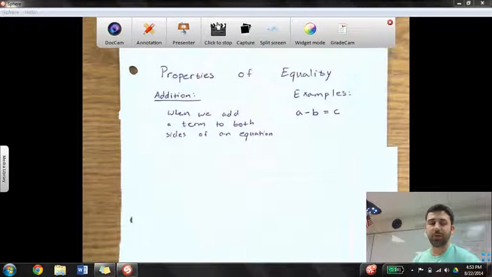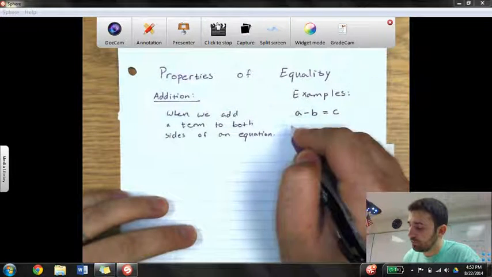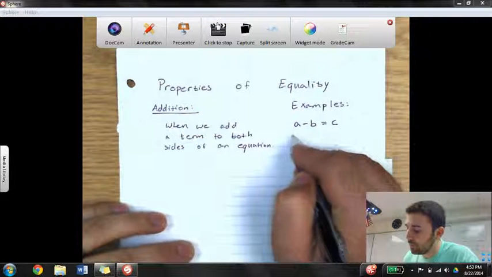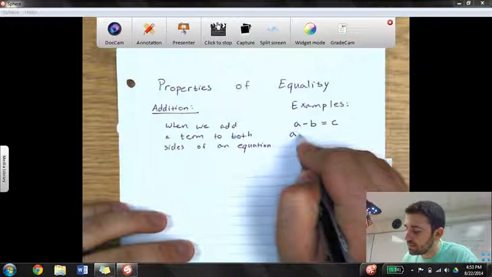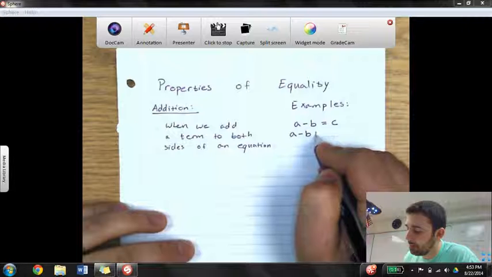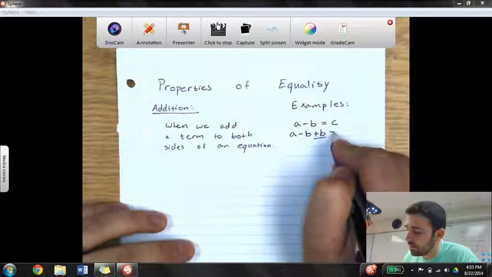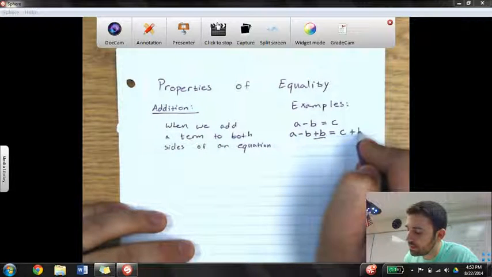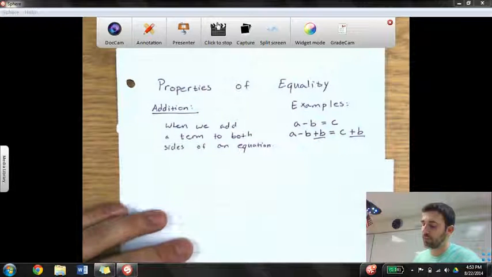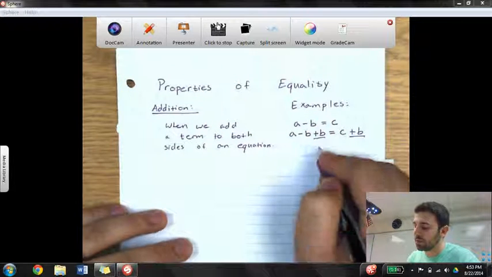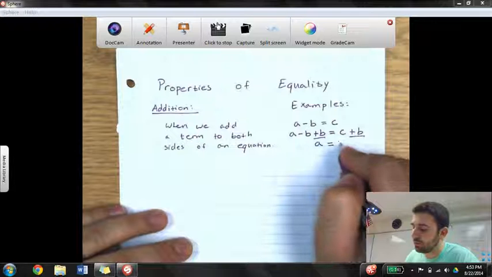So in this example, we have the equation A minus B equals C. If we were solving for A, we would apply the addition property of equality in order to solve. And what that says is A minus B plus B equals C plus B. We do this so that our B's cancel out and we're left with A equal to C plus B.